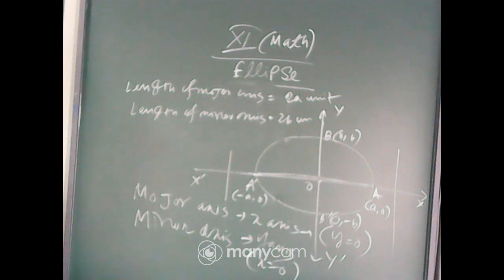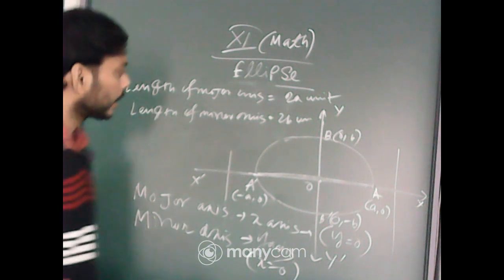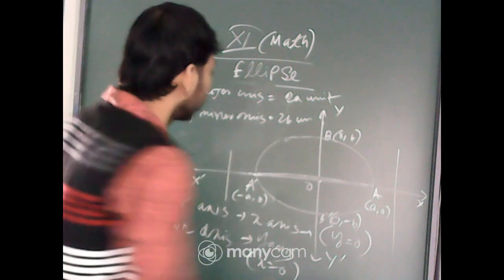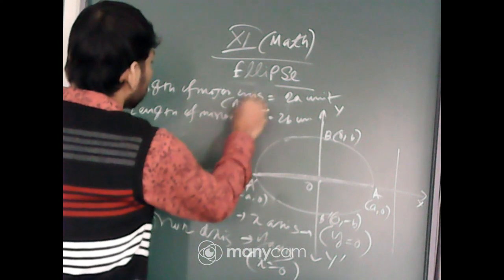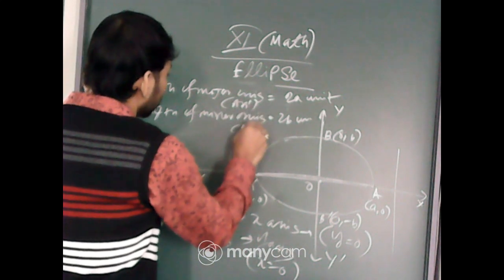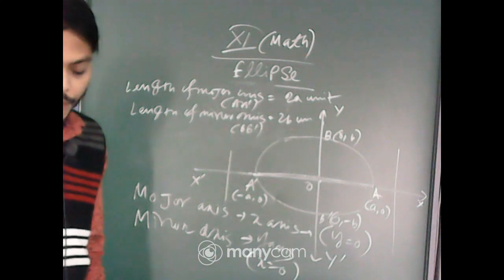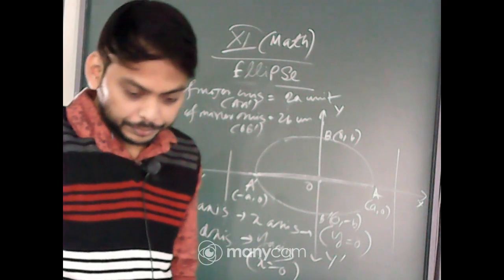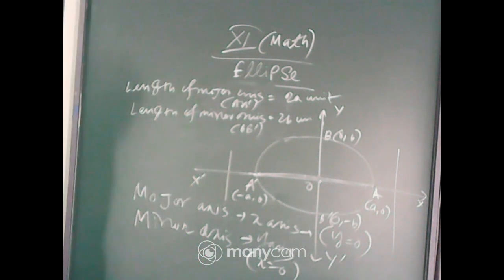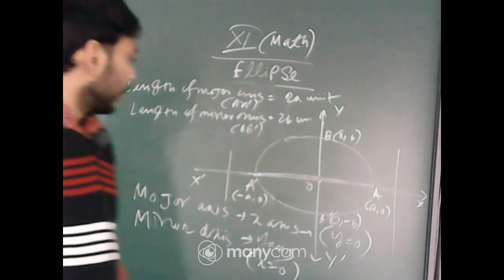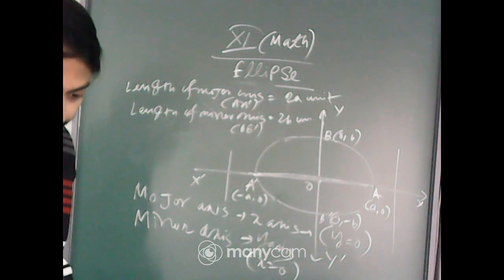So the length of the minor axis is 2b unit, B B dash. This is A dash and this is B dash. Okay. Have you got it up to this one?